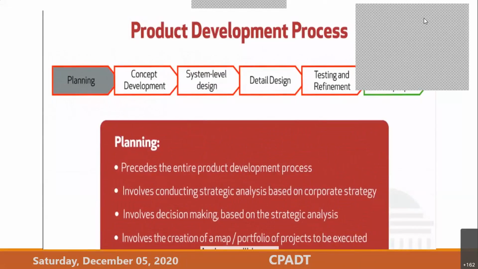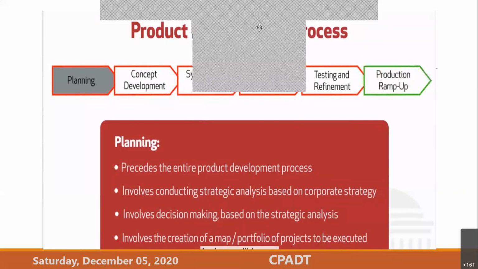The general product development process goes like this. You have a planning phase, after which you have concept development, system level design, detailed design, testing and refinement, and production ramp up. Okay, so these are the things that you have.